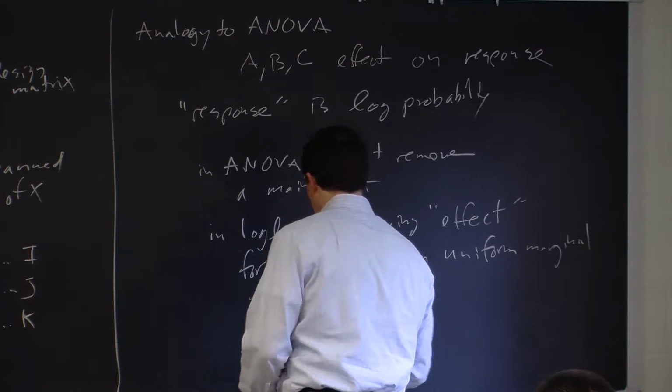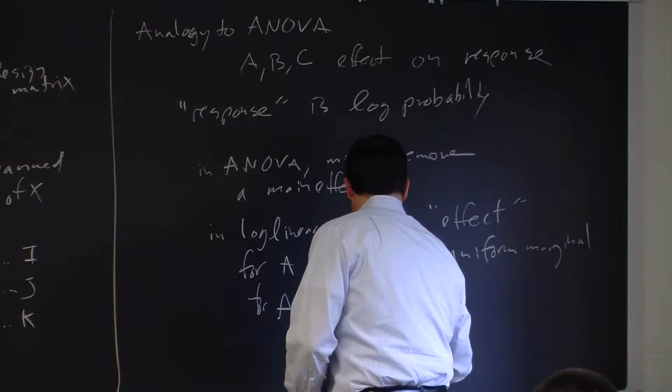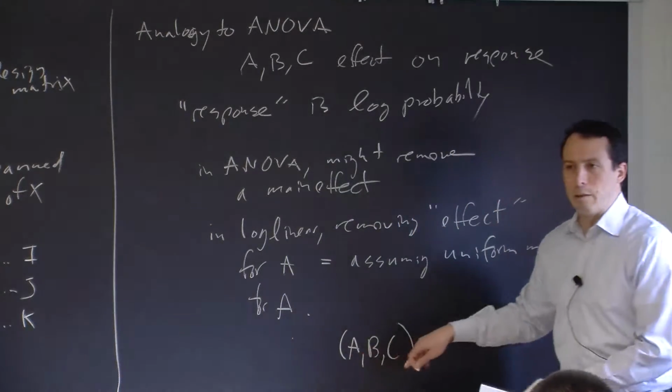And we don't want to do that. That's the reason why the simplest model we would consider for a 3-way table would be the independence model.